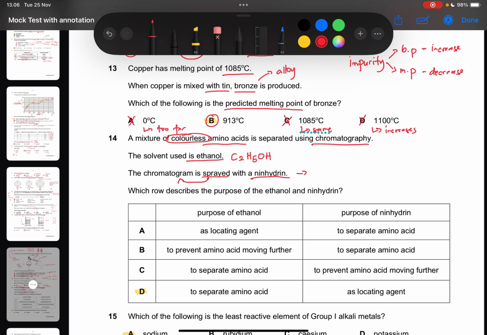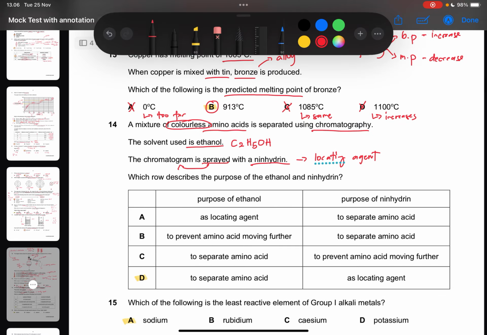So what is ninhydrin then? This is our locating agent. So which row describes the purpose of ethanol and ninhydrin? Okay, so ethanol, the purpose of it is to separate the amino acid, because as we have mentioned, that's the solvent we use.